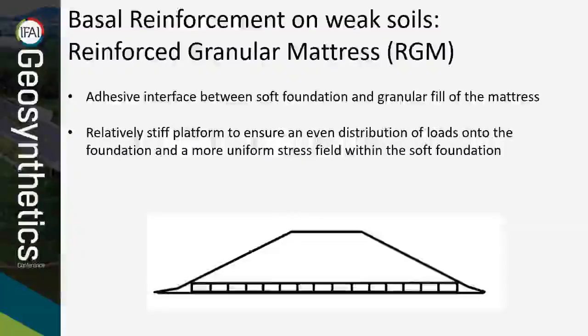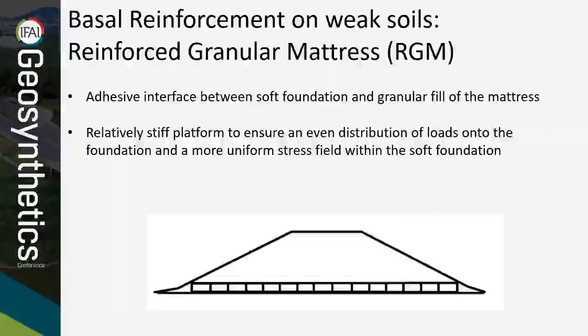One form of basal reinforcement over weak foundations is called reinforced granular mattress. It is a three-dimensional structure formed from a series of interlocking units fabricated directly on top of the soft soil from geogrid reinforcement and filled with granular material.